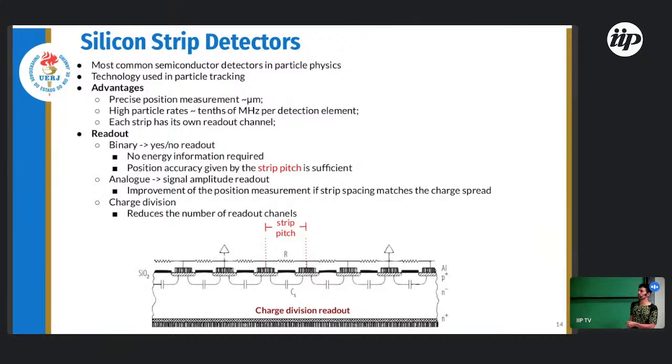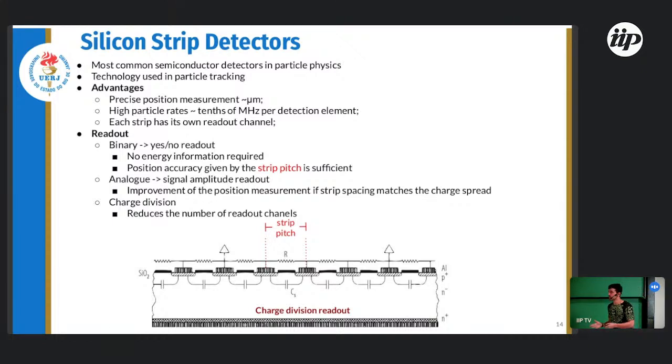They are the most common detectors today for this kind of technology. And as I mentioned before, the main advantage is that we can have very precise measurements on the order of micrometers, which is very nice for us, and also with a very high particle rate. We can measure rates on the order of a megahertz, which is incredible as well for today.